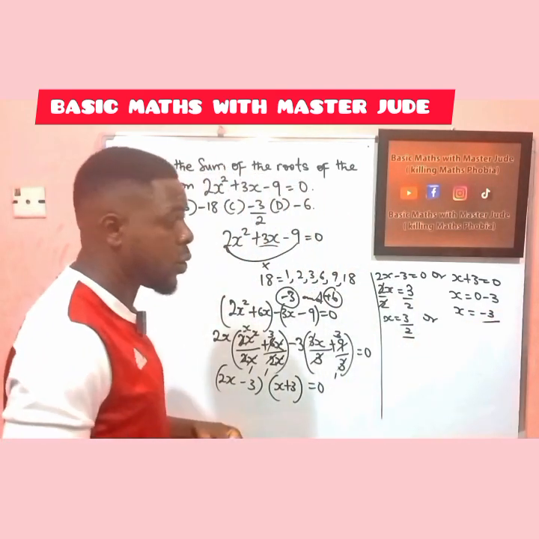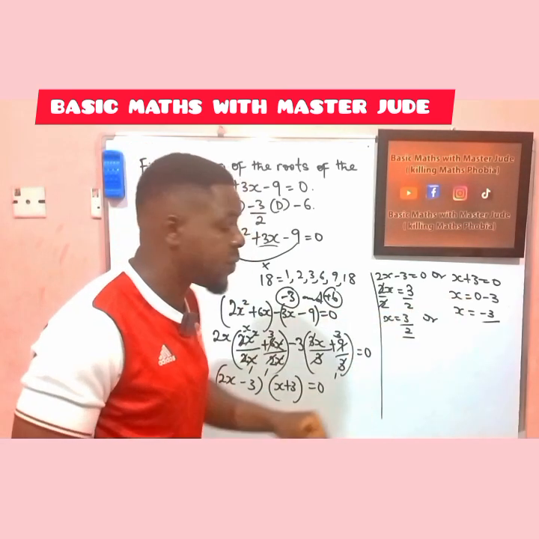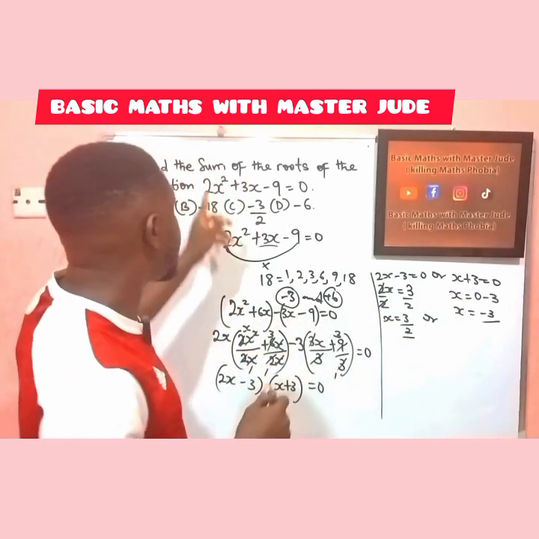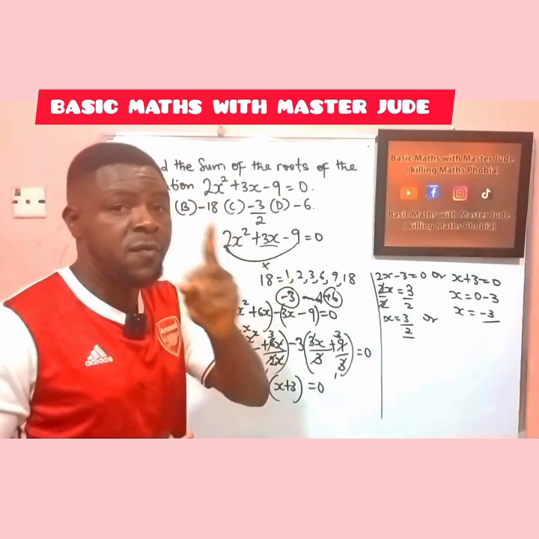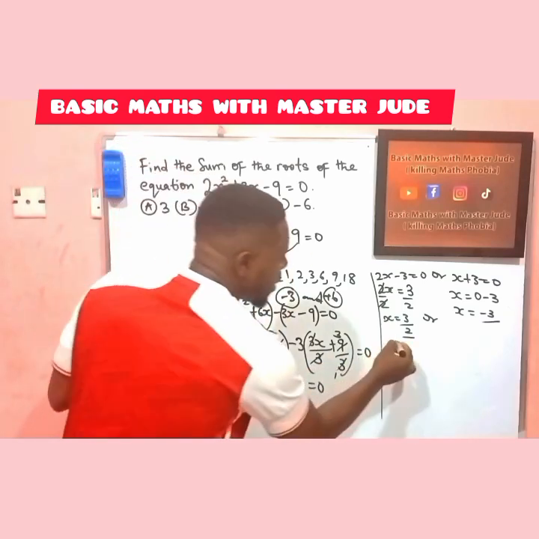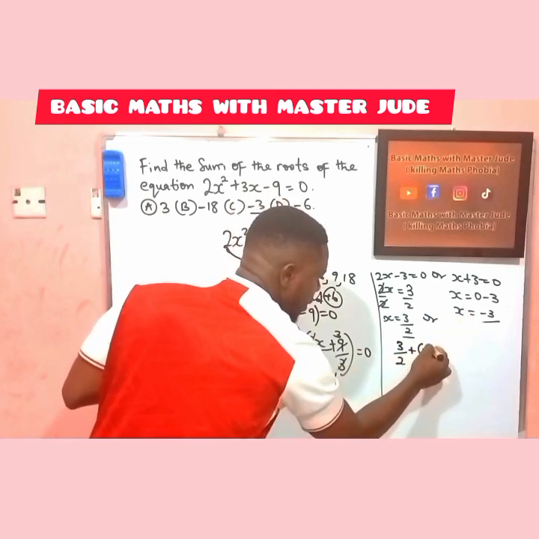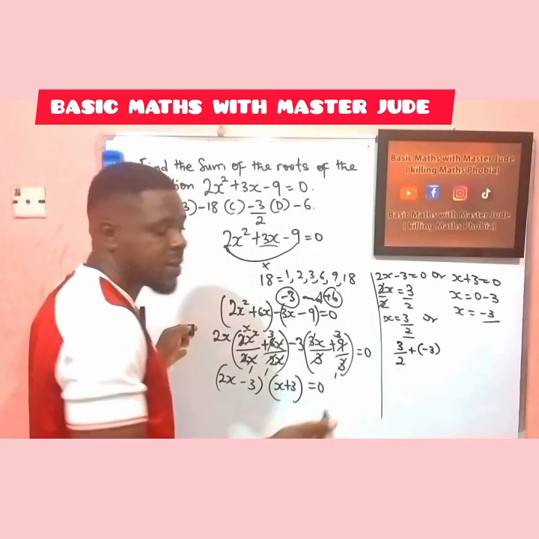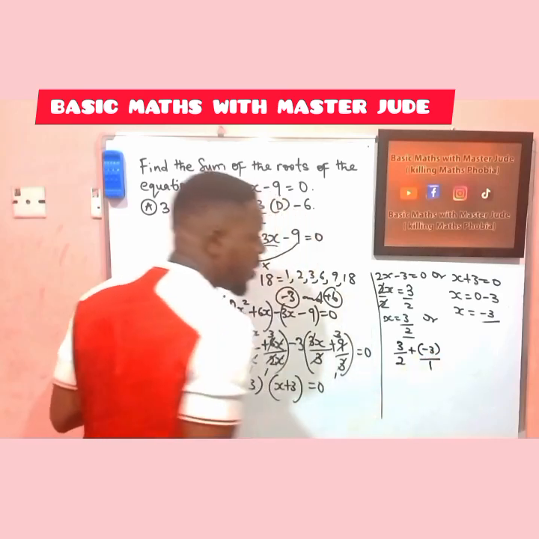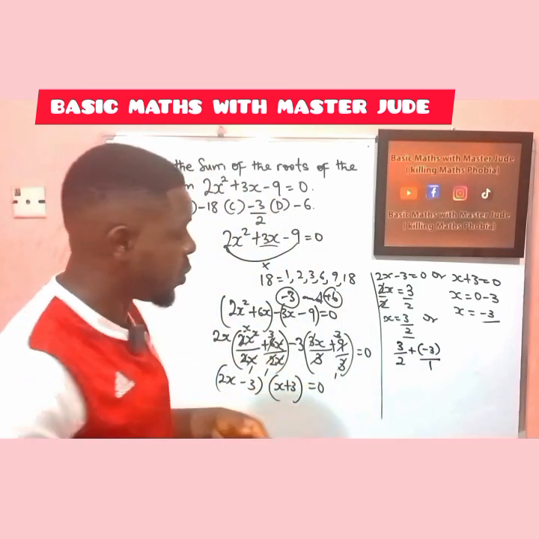The two roots I got using the factorization method are 3 over 2 and minus 3. But the instruction says find the sum of the two roots. Now, finding the sum means adding them. So I'm going to have 3 over 2 plus bracket minus 3. I can say let this minus 3 be over 1 because any whole number dividing 1 will still give us that whole number.